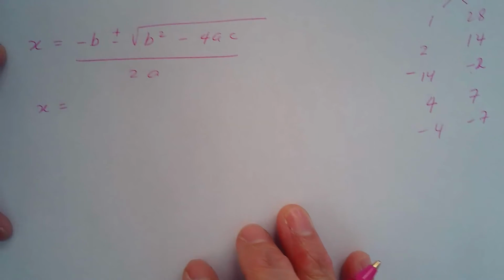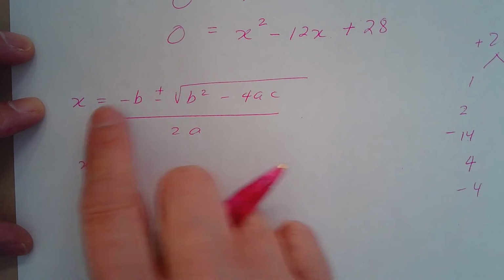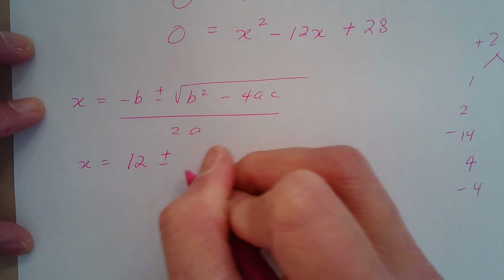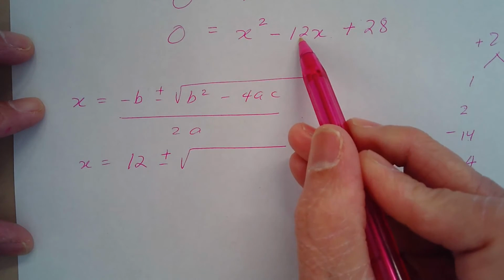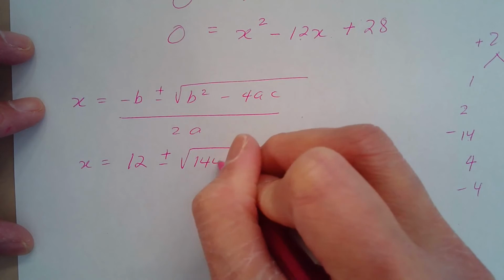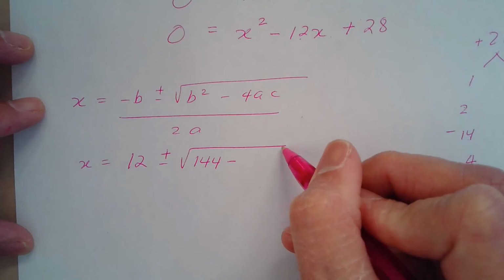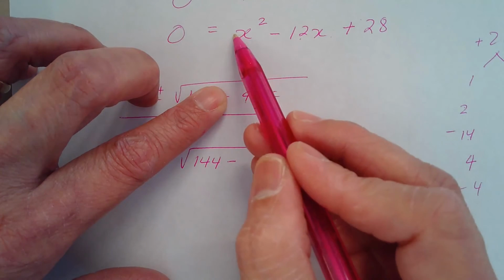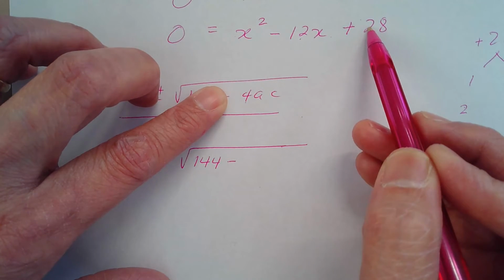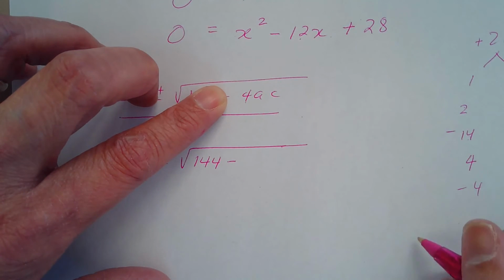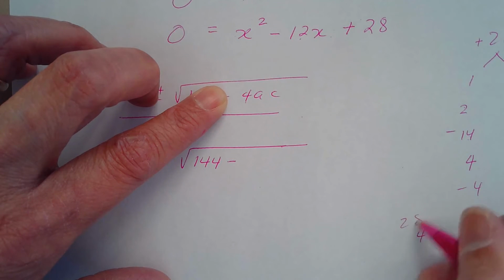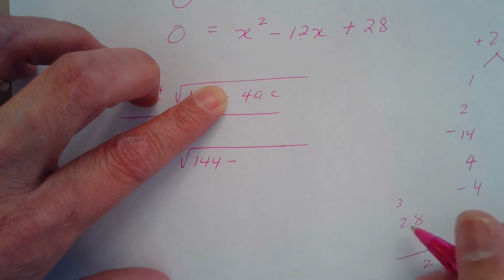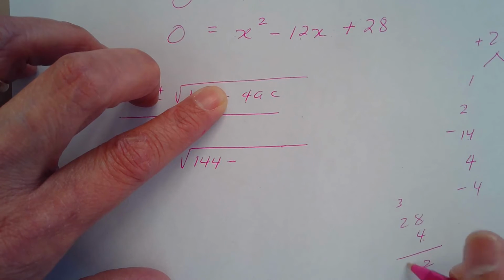So negative b, which is negative 12, that's positive 12, plus or minus b squared, so it's going to be 144 minus 4 times a, which is 1, times 28, so 4 times 28, that's going to give us 112.